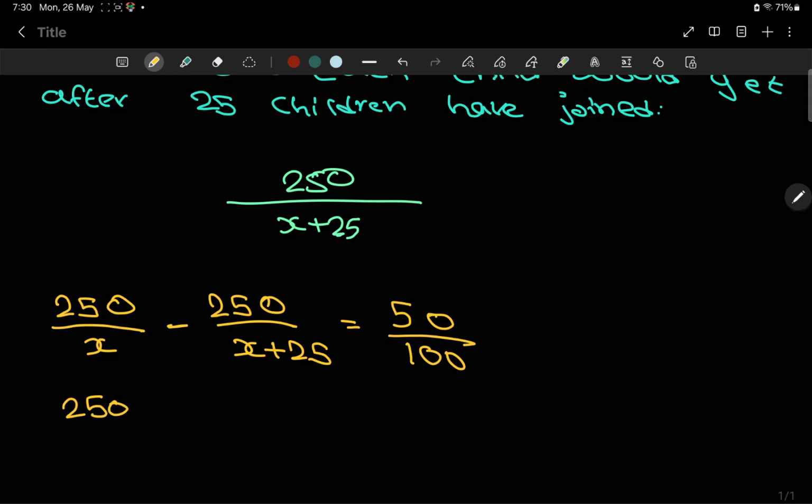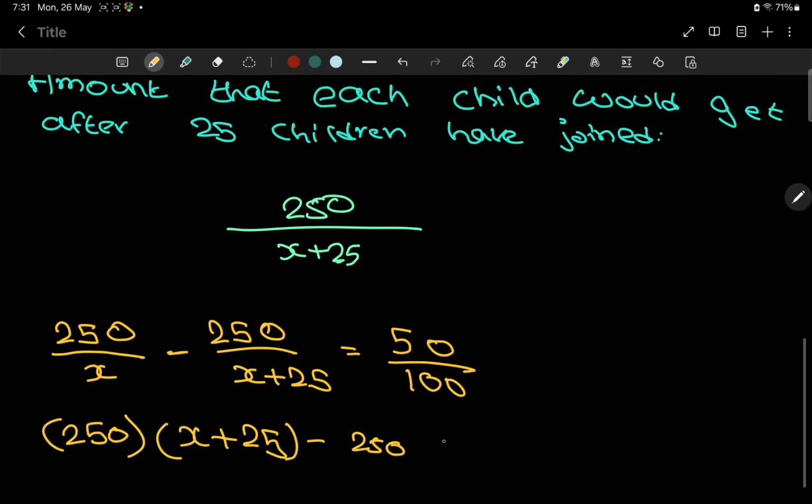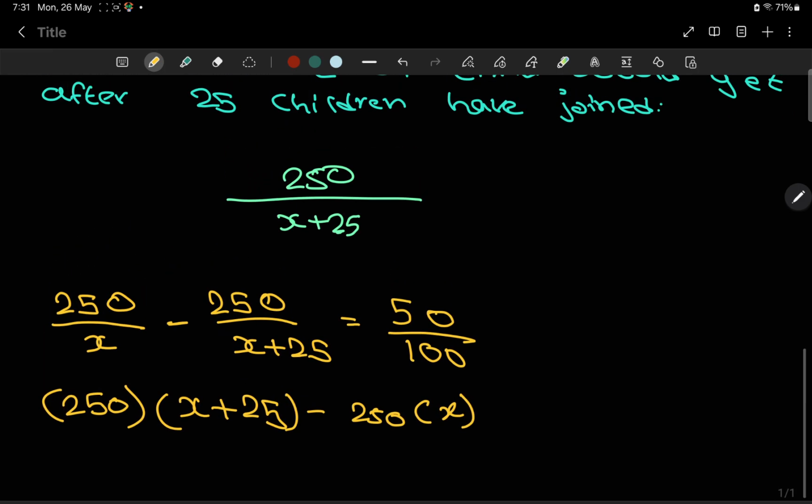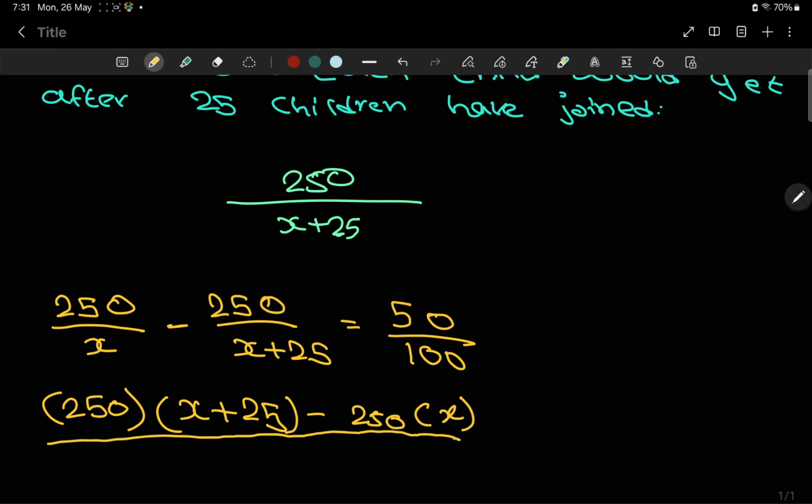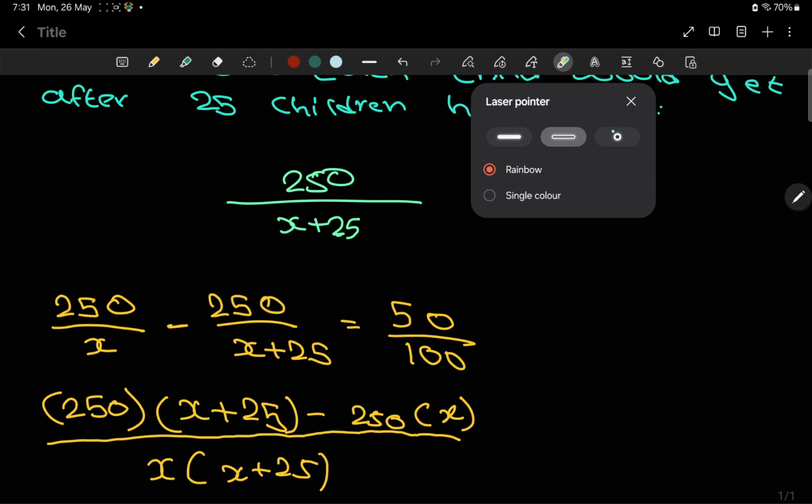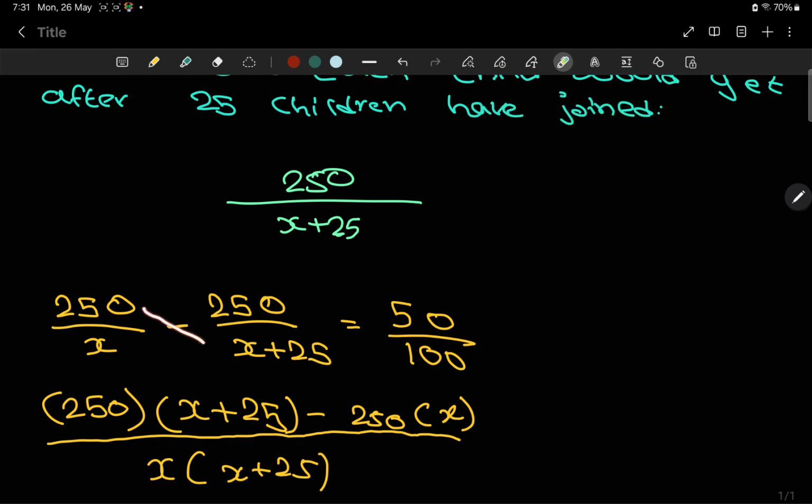So now let's cross multiply and subtract this. 250 into x plus 25 minus 250 into x, by x into x plus 25. Now what we have done is multiplied this diagonally and subtracted the product of these with this.